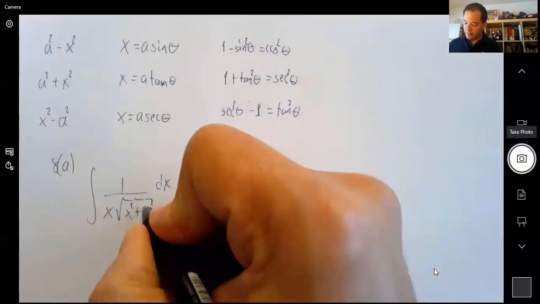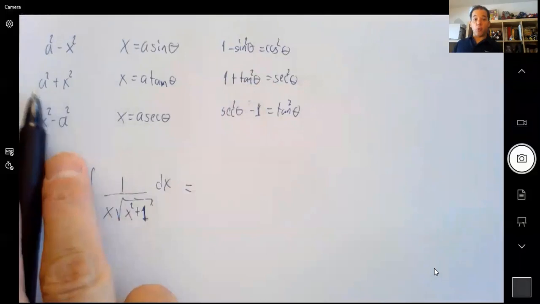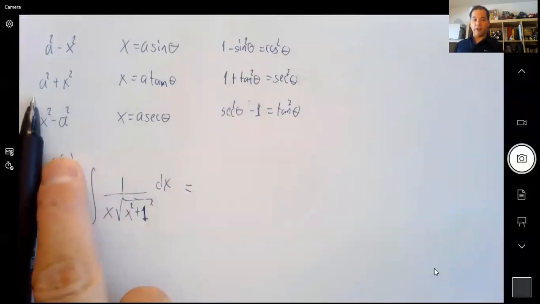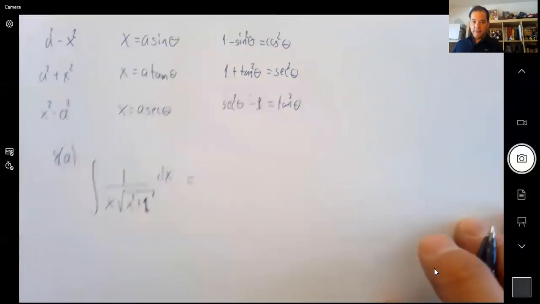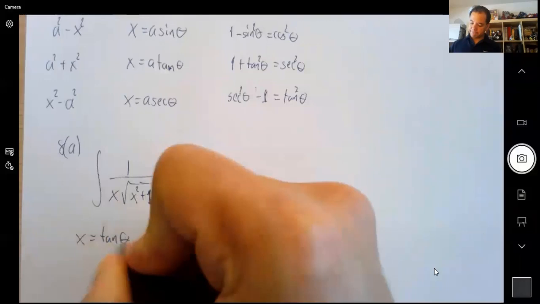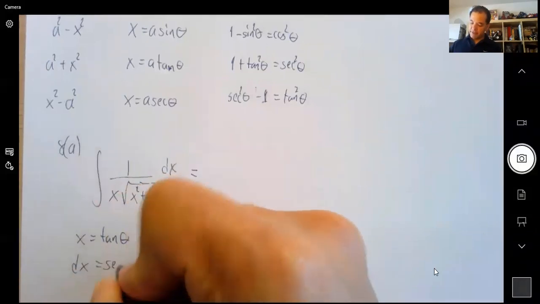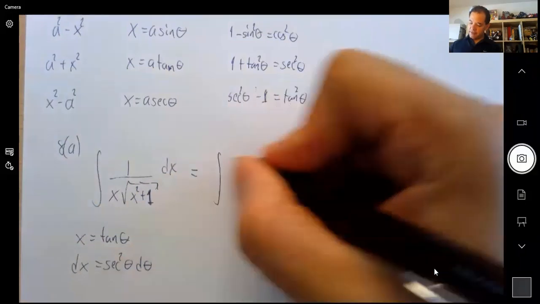So we have x squared plus 1. So we're in the middle case, and with a 1, right? A is 1. So we're going to use x equals tangent theta. So then dx is secant square theta d theta. Put it in here.